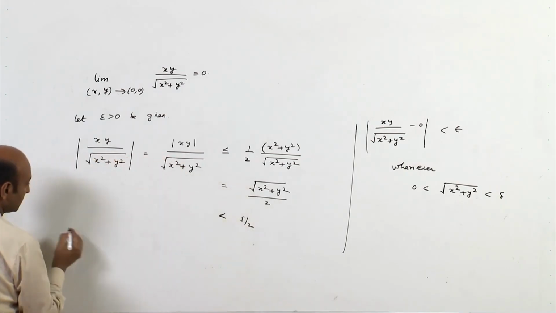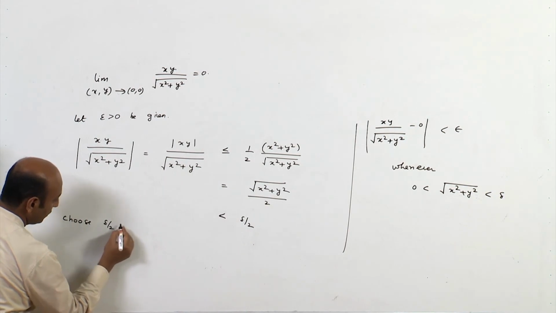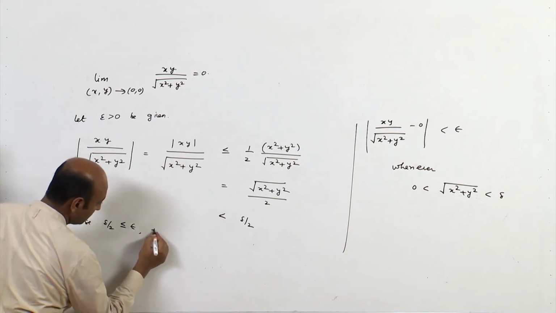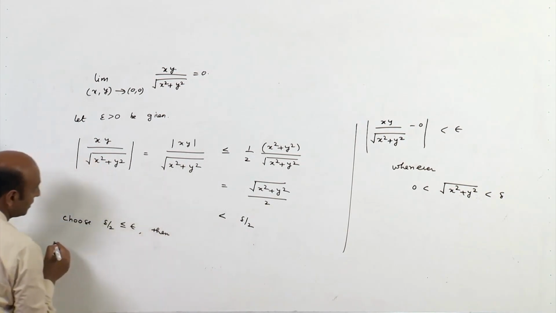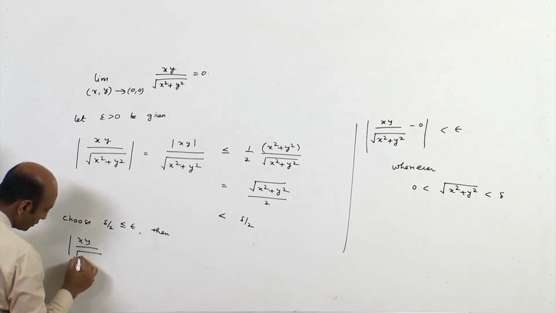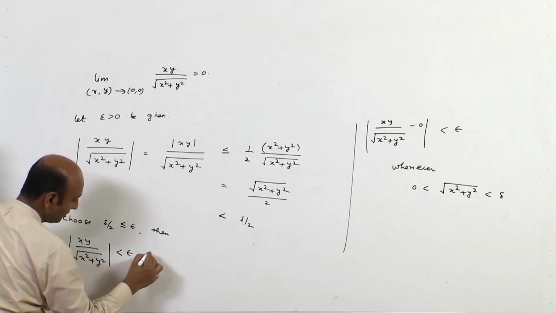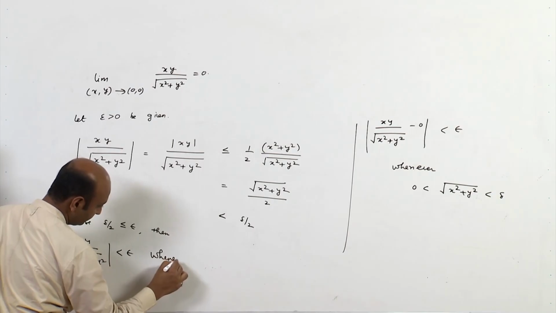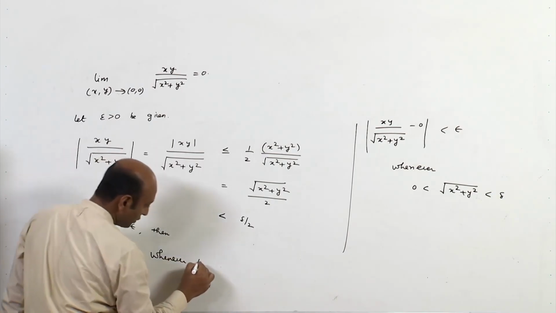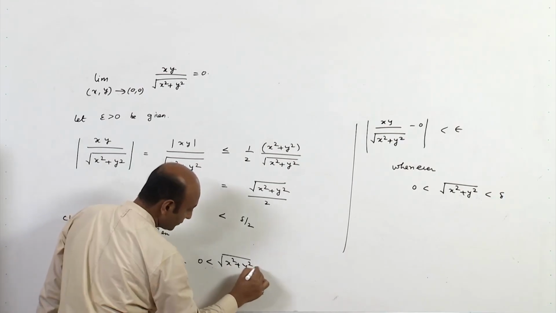So if we choose delta by 2 less than or equal to epsilon, then mod of xy upon under root x square plus y square will be less than epsilon whenever 0 less than under root x square plus y square less than delta.